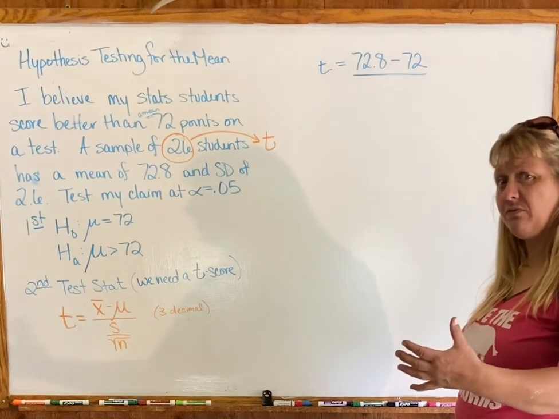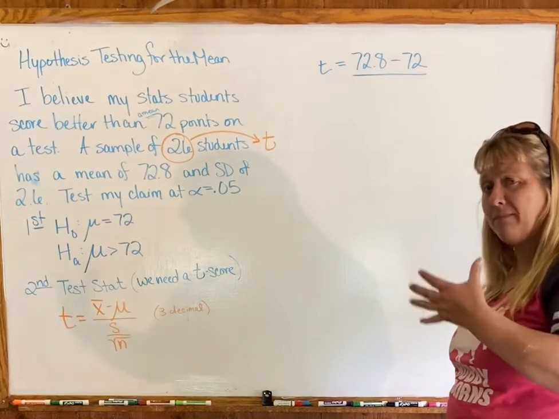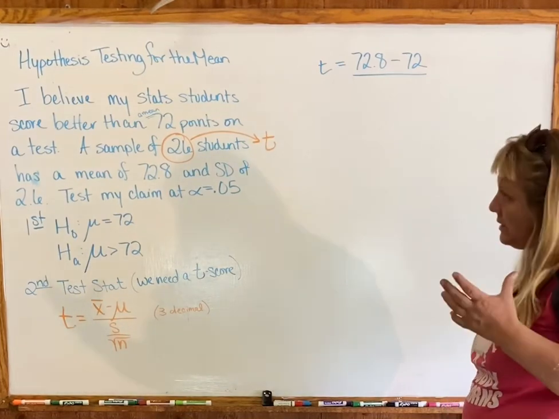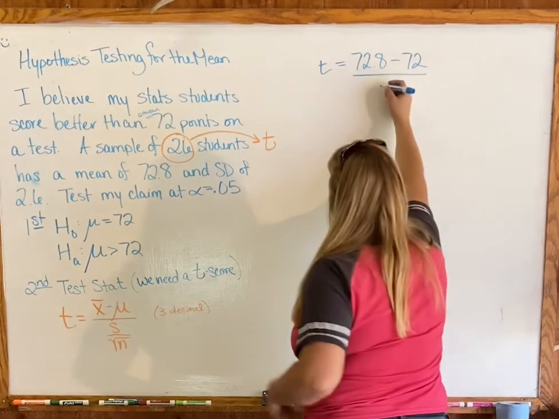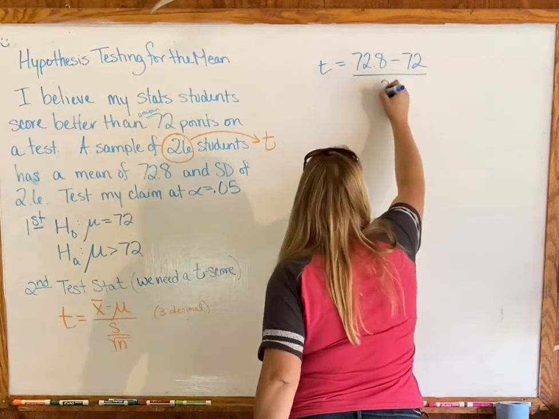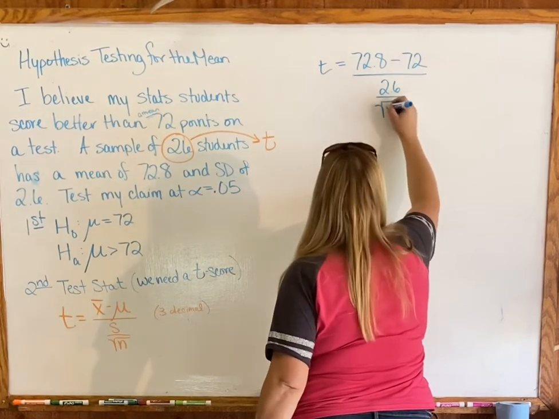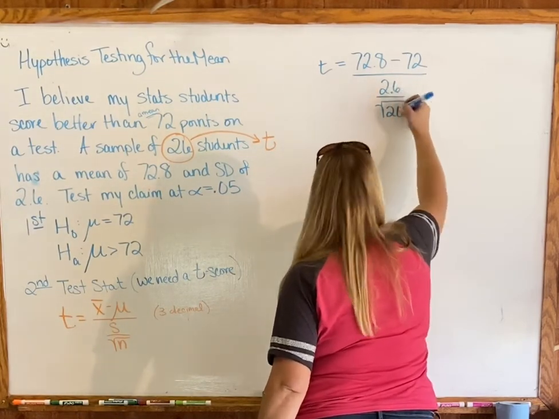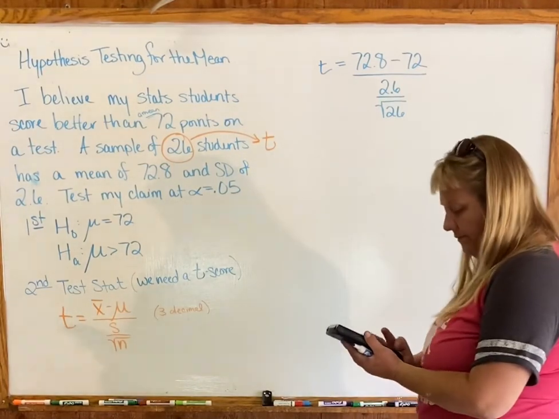Did we prove beyond a reasonable doubt that my stat students did better? Let's see. So 72.8 minus 72 over the standard deviation, 2.6, over the square root of our 26. Remember the point there and the 26 there. And we stick that into the calculator.